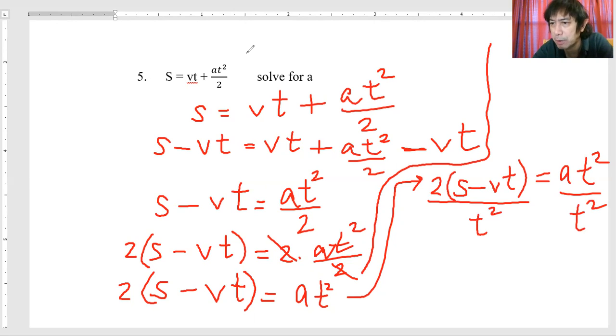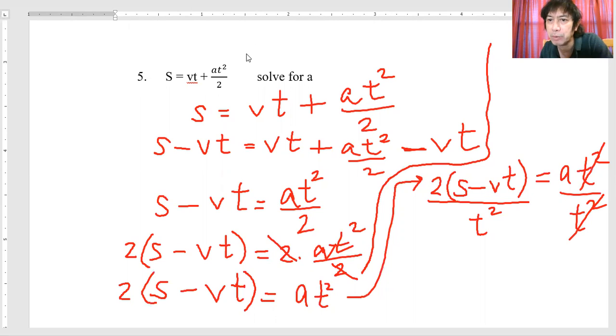And the t squared cancels out at the right side. It cancels out like that, and you now have a. You just have a there. All right, that's equal to a t squared over t squared.